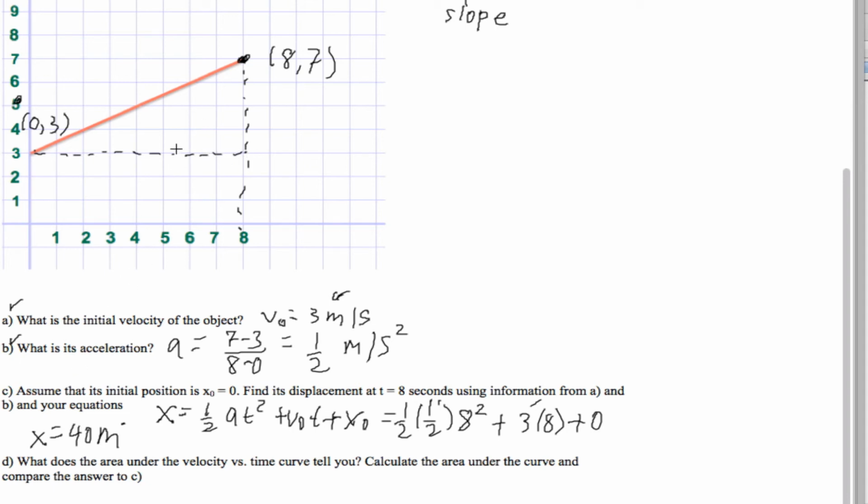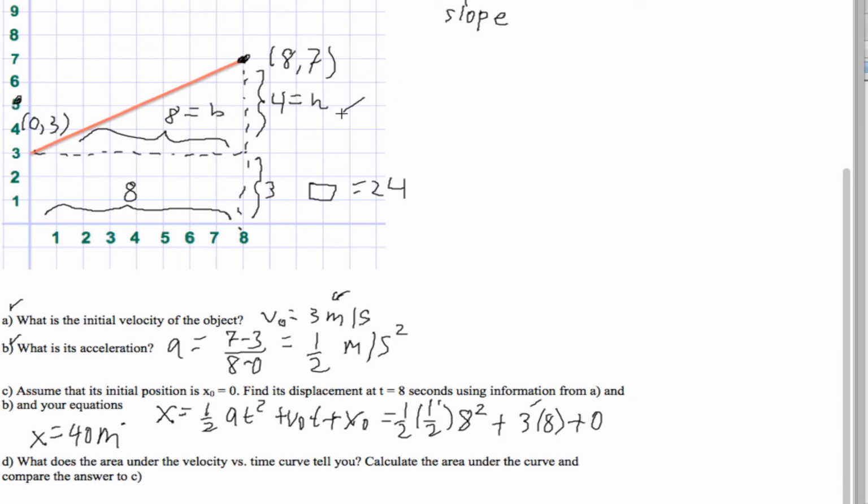So here is a rectangle, and it's got a width of 8 and a height of 3. So the area of the rectangle is 24. And then we have this triangle here. It's got a height of 4, and it's got a base of 8.